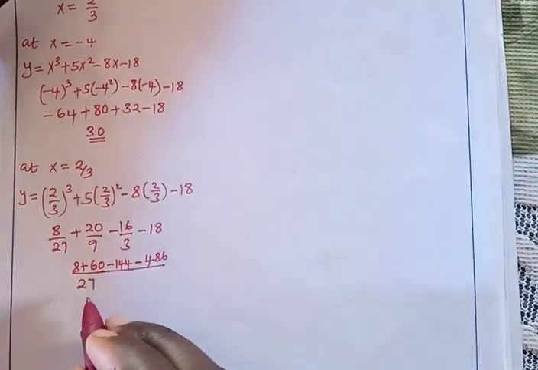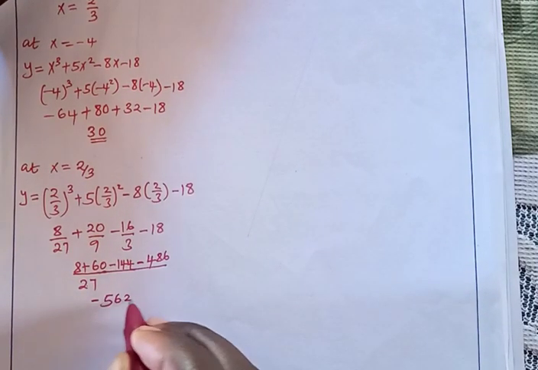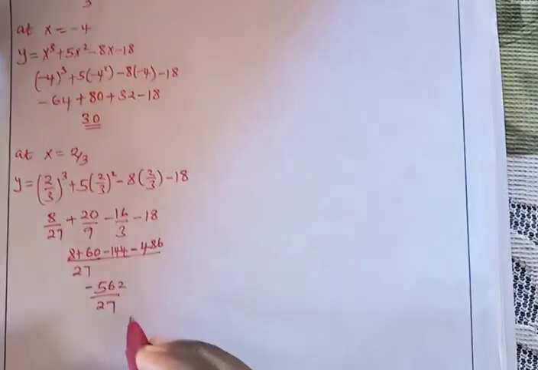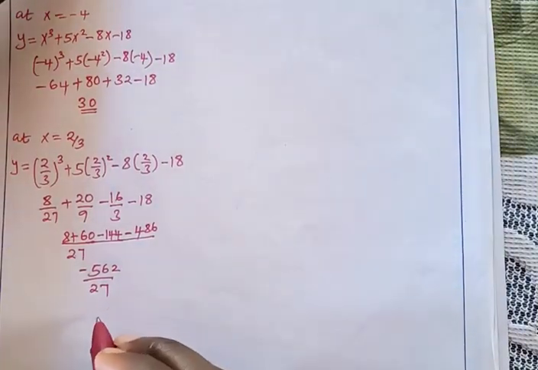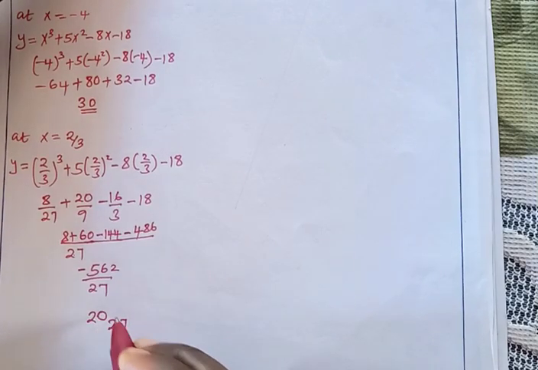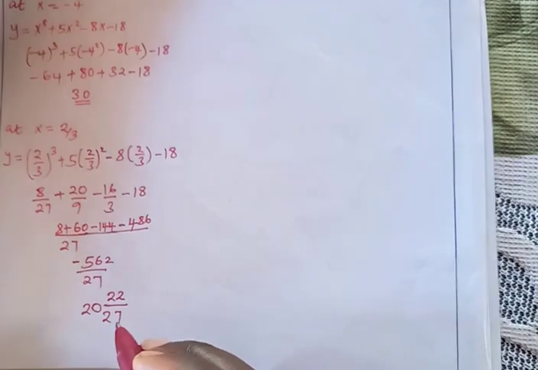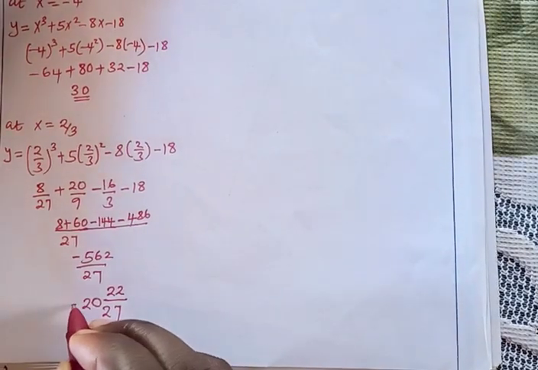If you work out this mathematics very well, you are going to get negative 562 over 27. If you simplify this further, 27 times 20 leaves the remaining value of 22. Negative, of course, is supposed to be here.